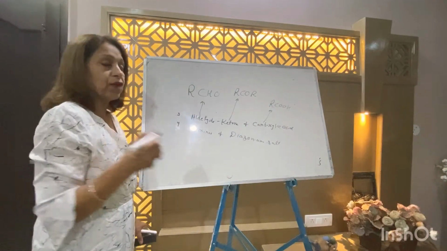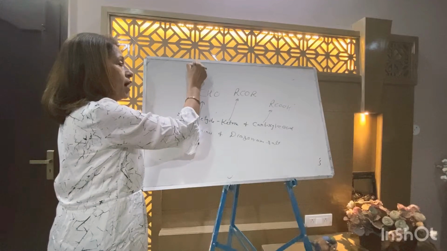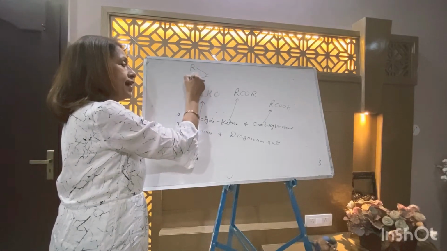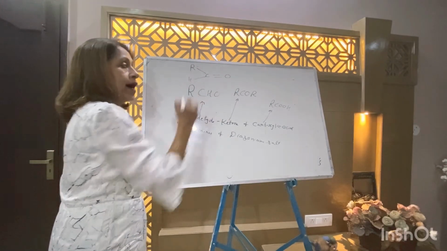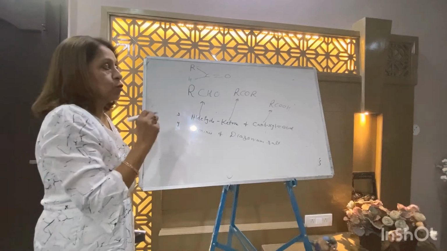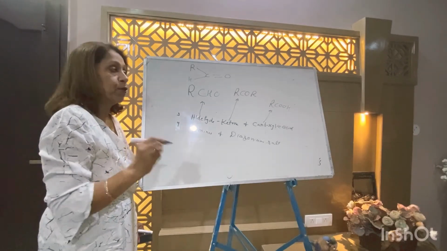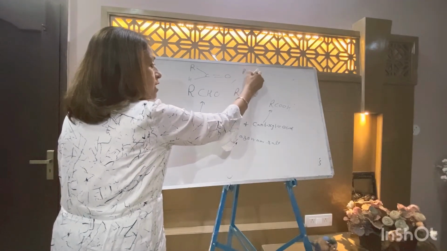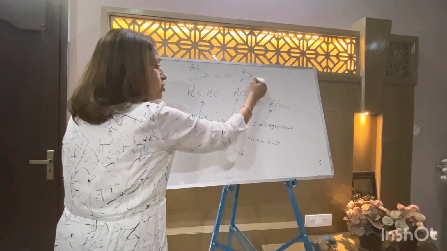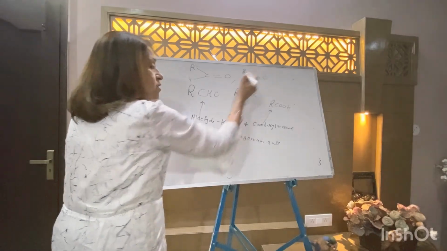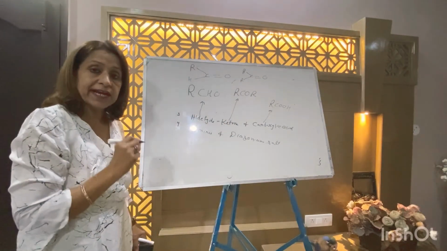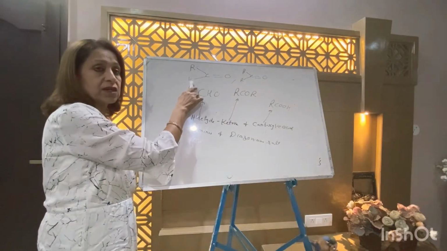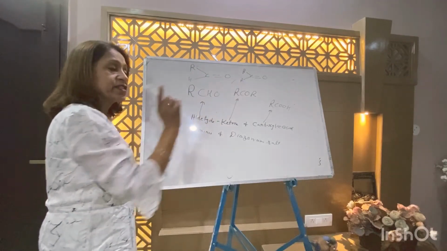The functional group is C double bond O, carbonyl. In ketone, instead of H there is an R. In RCHO, if it is H, it is aldehyde. If it is R, it is ketone.